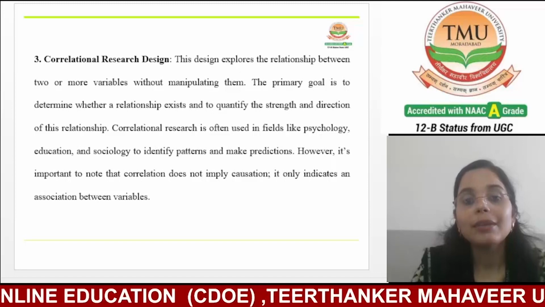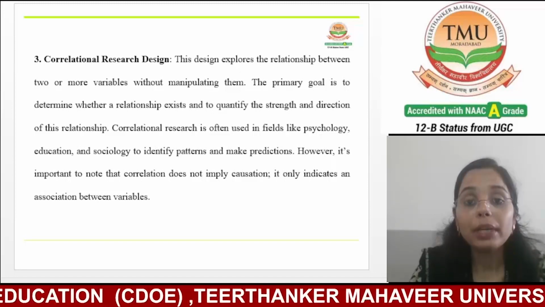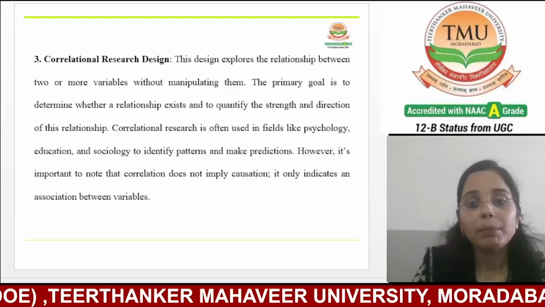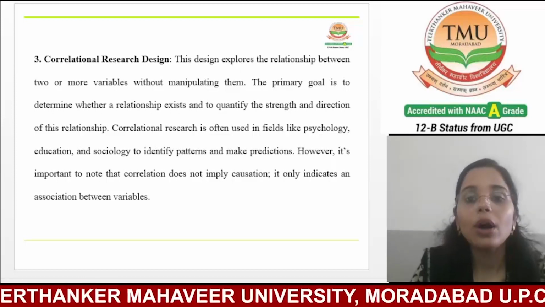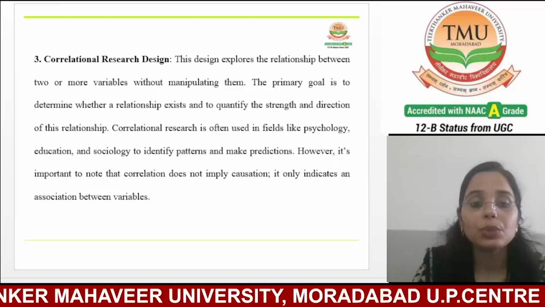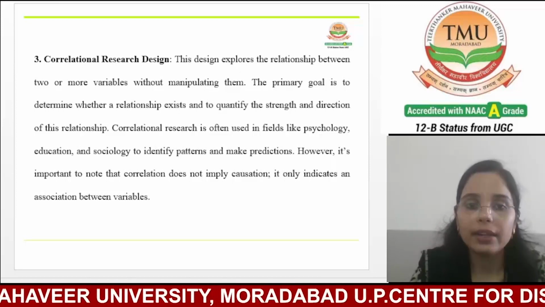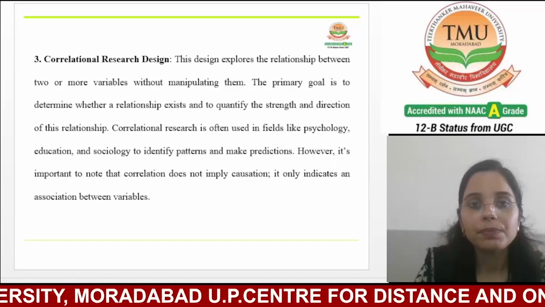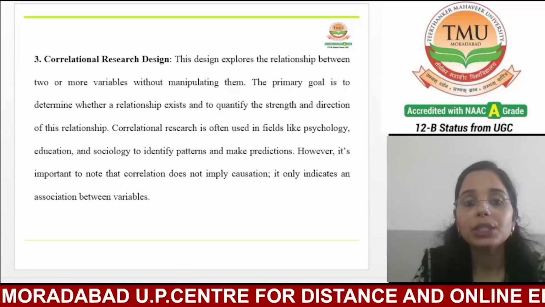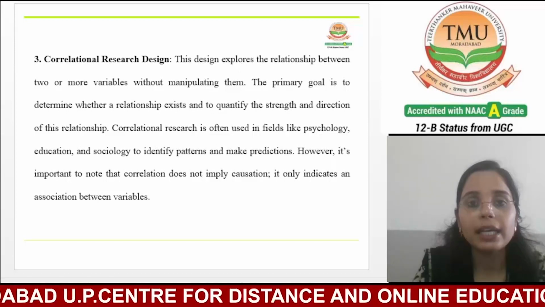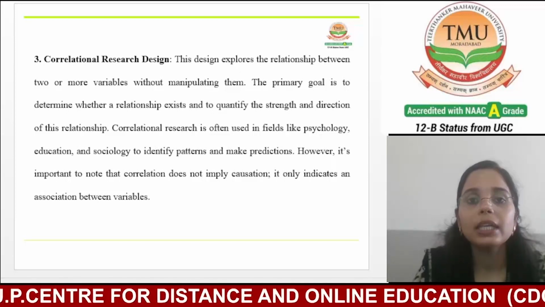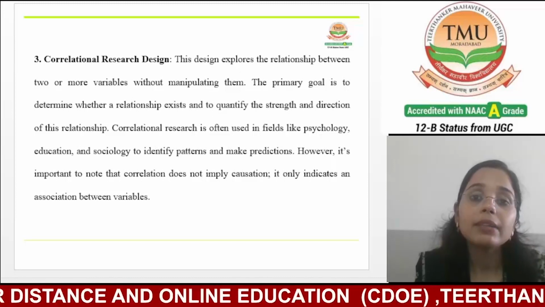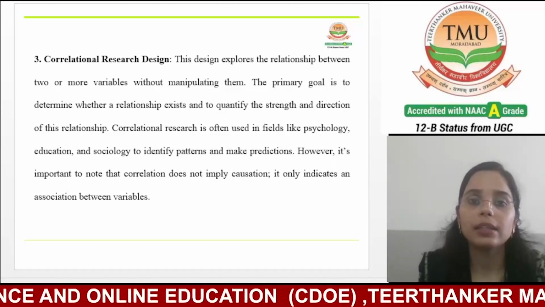However, it is important to note that correlation does not imply causation, so it only indicates an association between variables. This design is a very important design. With the help of correlation research design, the researcher can easily identify and find out the result.